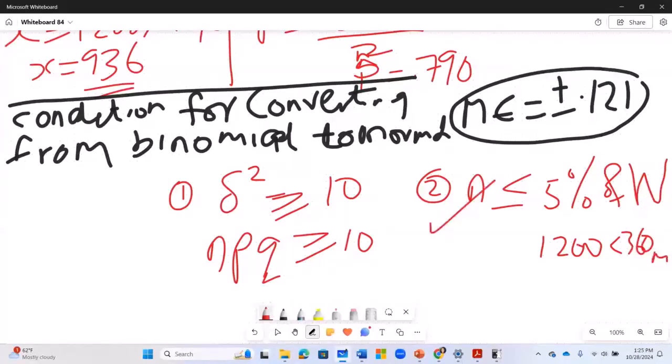We can check for condition number one. It is satisfied, but let's do that.